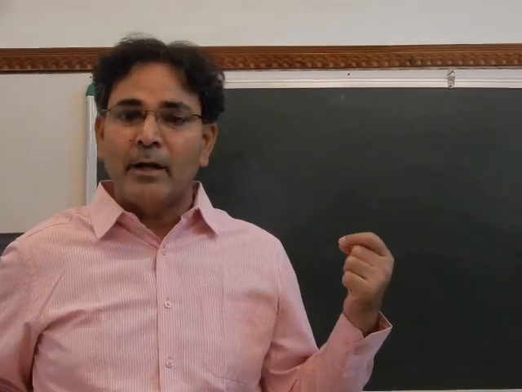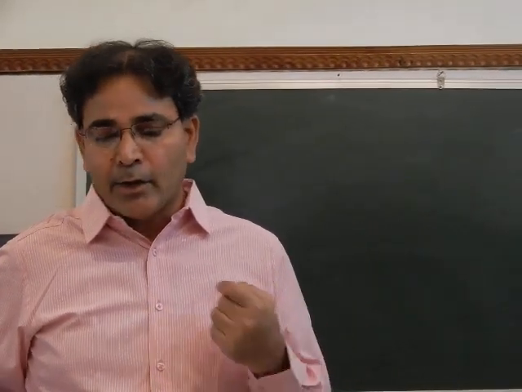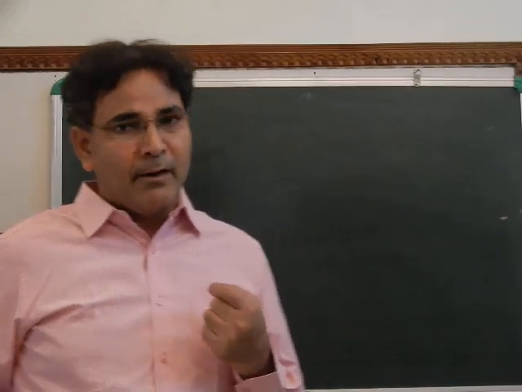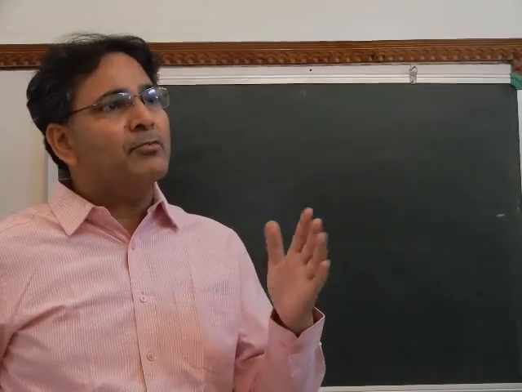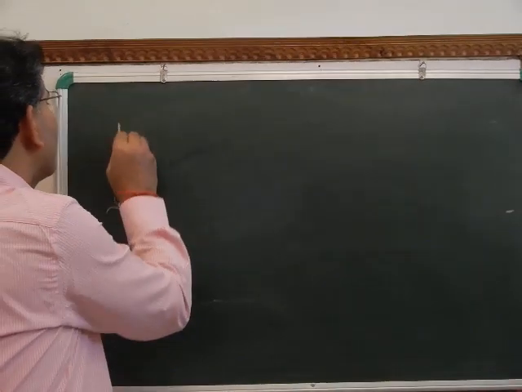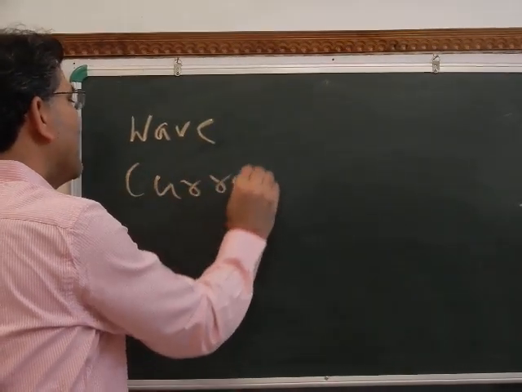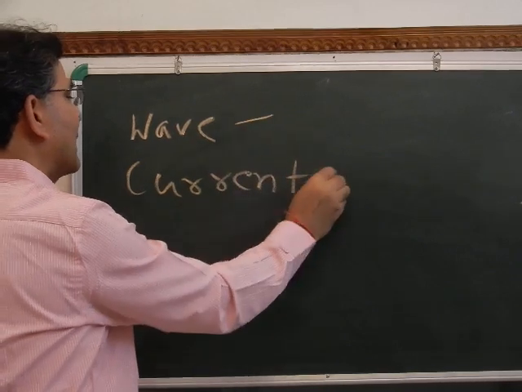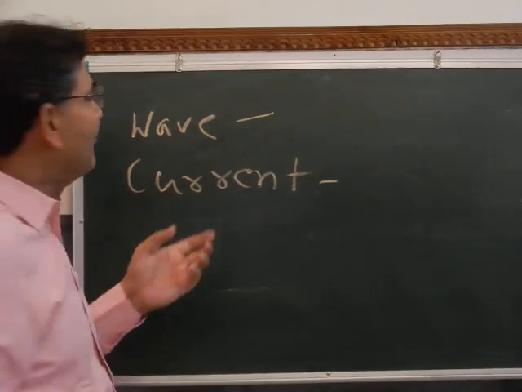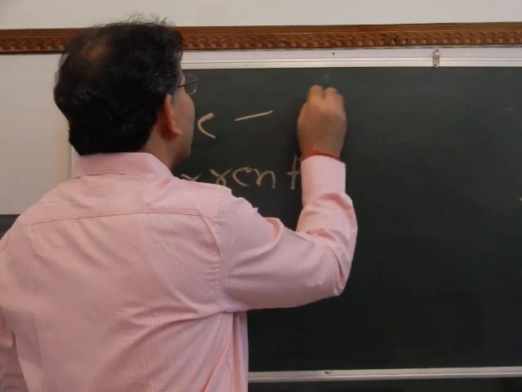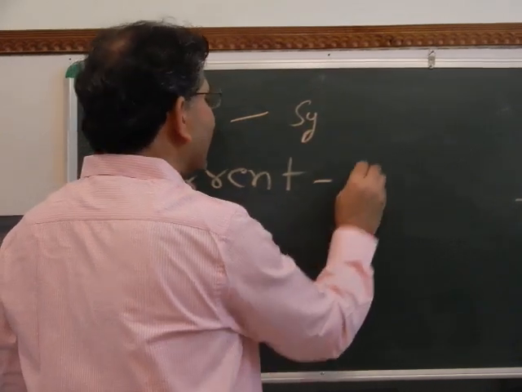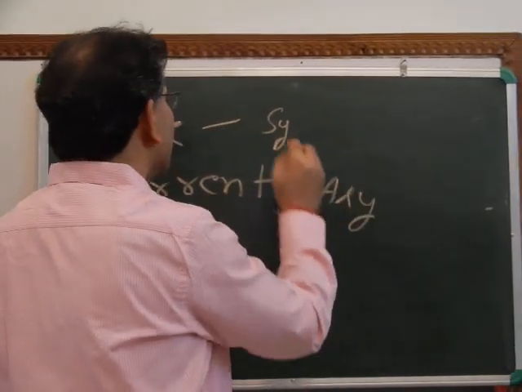In the last lecture we have already discussed the anatomy of the ripple marks. Further, the ripple marks may be wave ripple marks and the ripple marks may be current ripple marks. The main difference between these two, wave ripple mark and current ripple mark, is that the wave ripple marks are symmetrical, the current ripple marks are asymmetrical.